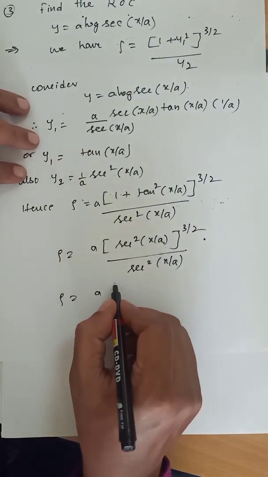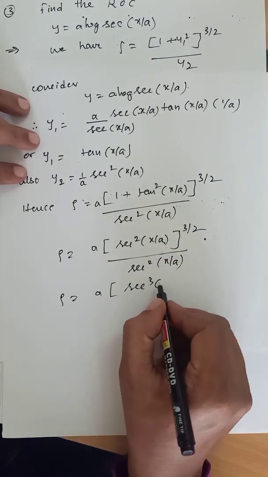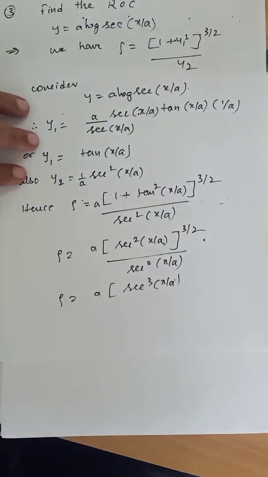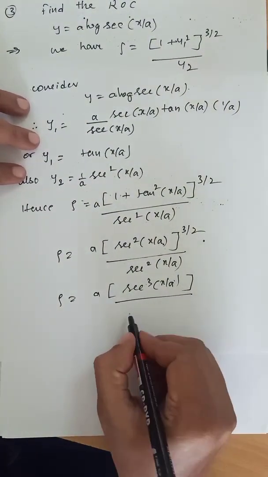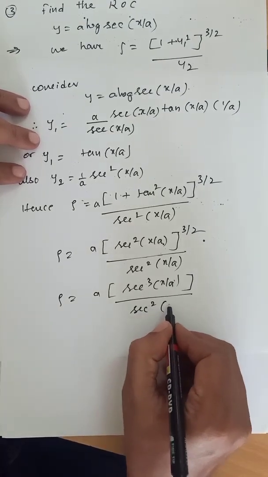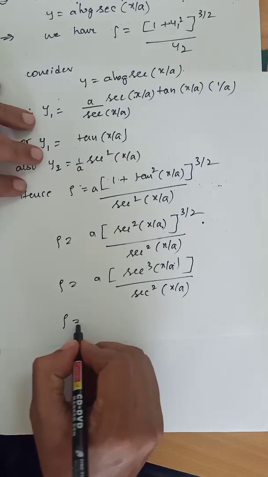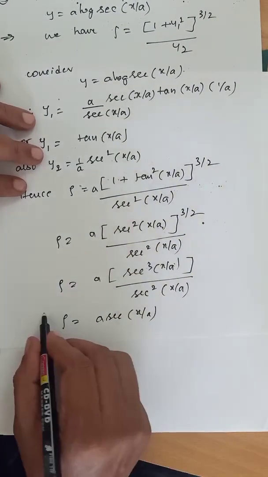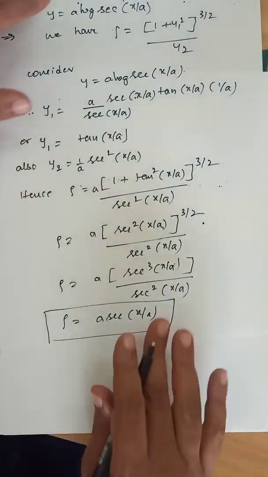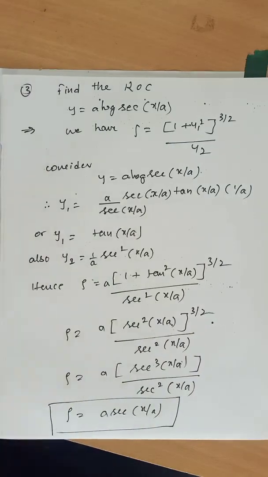So rho is equal to a into, here 2 cancel, secant cube x by a into secant square x by a. So secant cancel, rho is equal to a into secant x by a is the required radius of curvature of the given Cartesian form of the curve. Write on this.